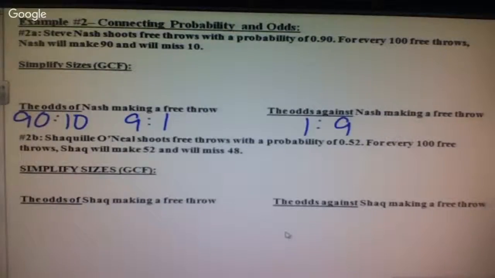So what does his odds of look like? 52 to 48. What does that reduce to? 13 to 12.